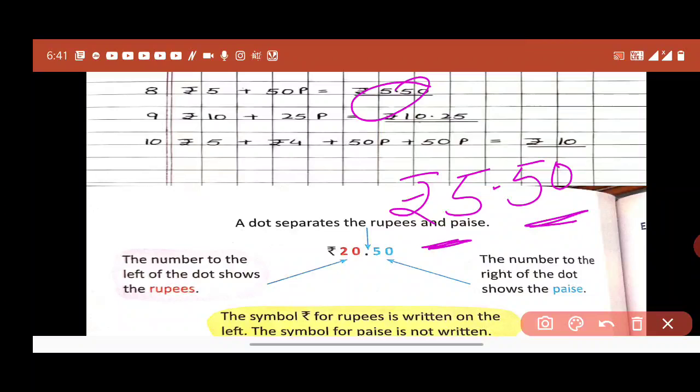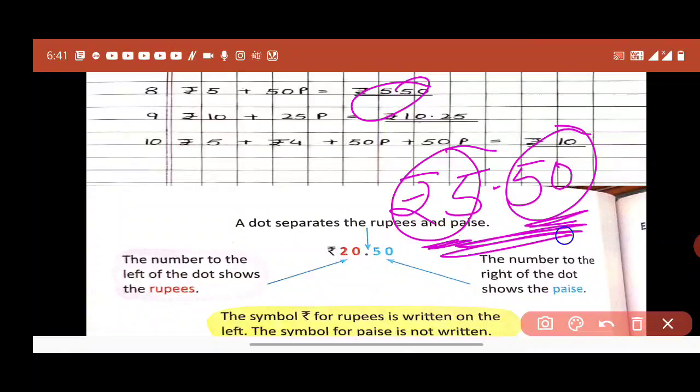So the number to the left of the dot shows the rupees and the number towards the right of the dot shows paise. Okay children? So whenever you have to add rupees with paisa, you always write it in the form of dots. Towards the right side means the paise and the left side means the rupees. And you always use the symbol of rupees. The symbol of paise is not written.